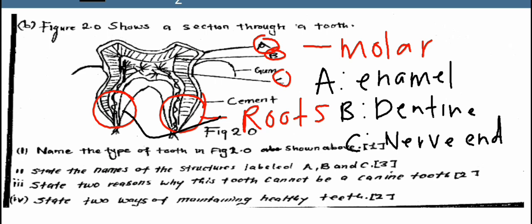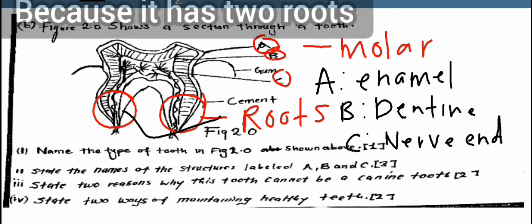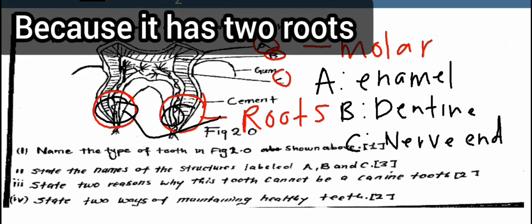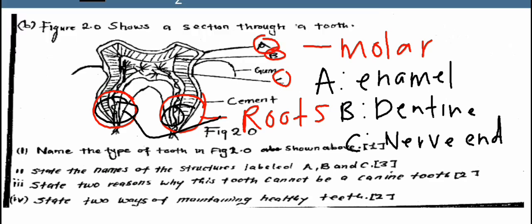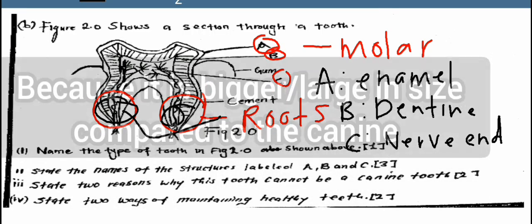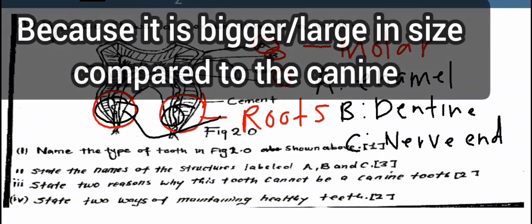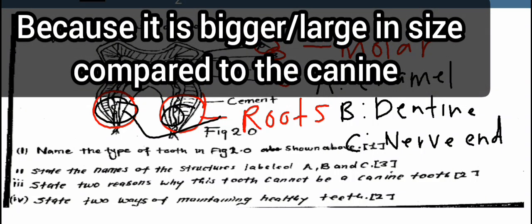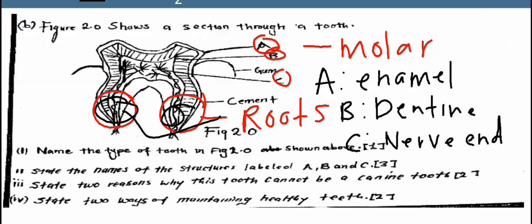So we are just going to say because it has 2 roots, these extensions, they are called the roots. Then apart from that one, this is because it is bigger in size compared to the canine. So the canine is just smaller in size and it has only 1 root. So those are the reasons why this one is considered to be the molar instead of the canine. The canine is smaller in size compared to this molar.